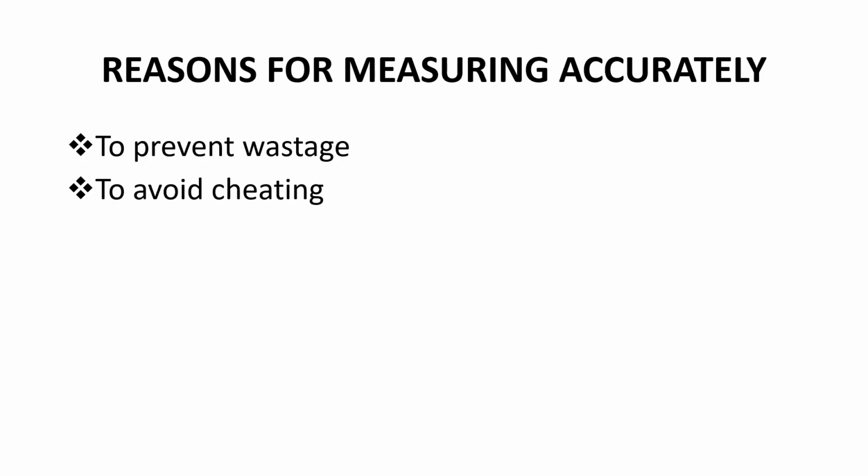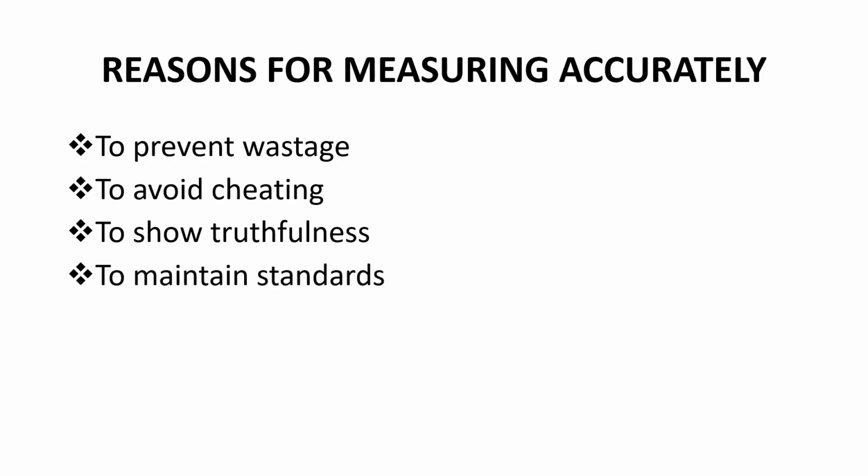So to prevent this, we need to measure accurately. Measuring accurately also helps someone to be truthful. So it shows truthfulness. Fourth, maintain standards. It maintains standards. Fifth, it ensures reliability. You are reliable.